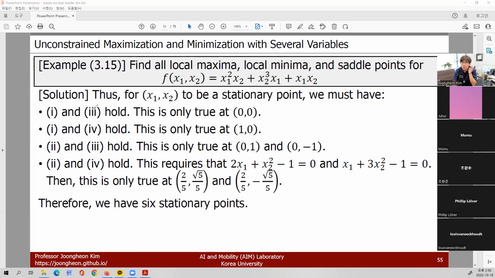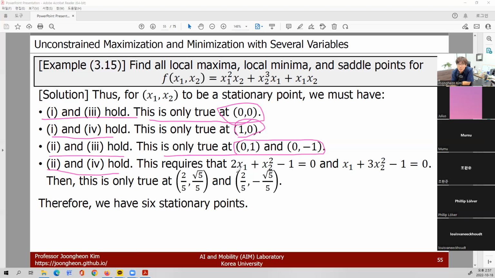Then, based on the equation, for the first case, this is only true when your point is 0,0. And 1 and 4 should be true when your point is 1,0. 2 and 3 should be satisfied when your point is this one. You have to calculate by yourself by solving the second order equation based on some simple high school calculation.